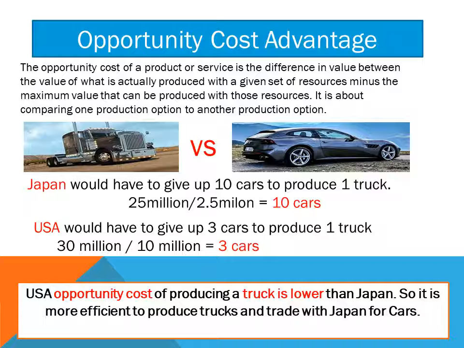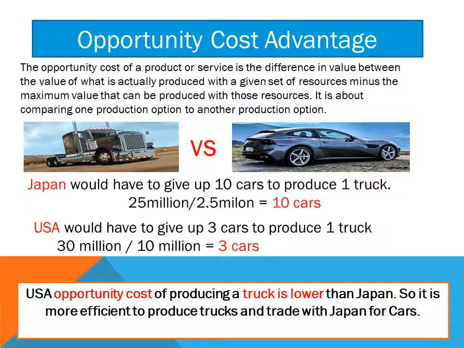And the same figures would apply again. So Japan produces 25 million cars, 2.5 million trucks. Sorry for that spelling, I'll correct it. Right, so 25 million divided by 2.5 million gives you 10 cars. So this tells us that for every one truck that Japan produces, they have to give up 10 cars.